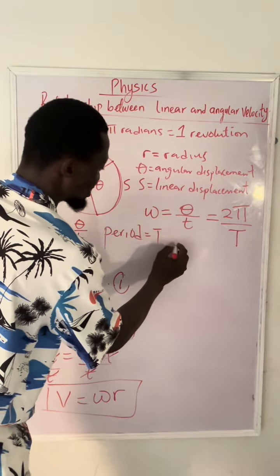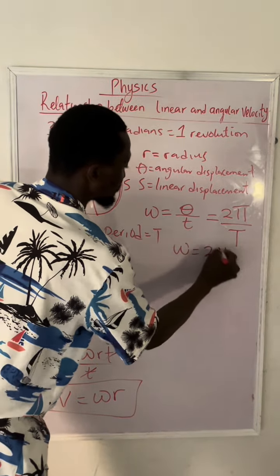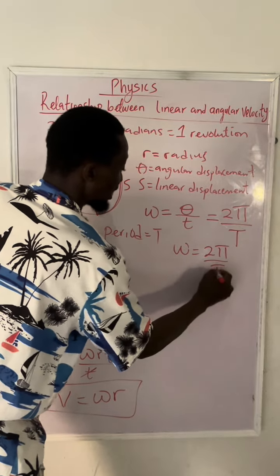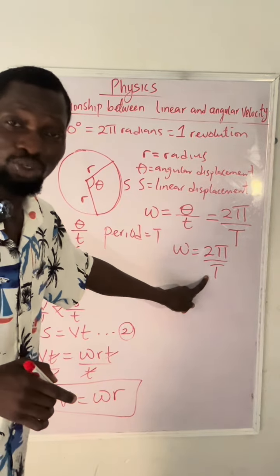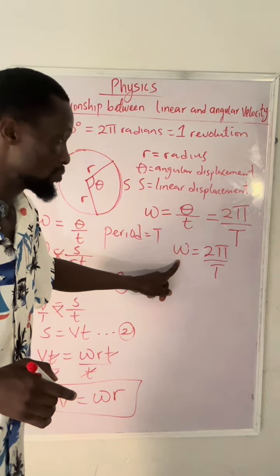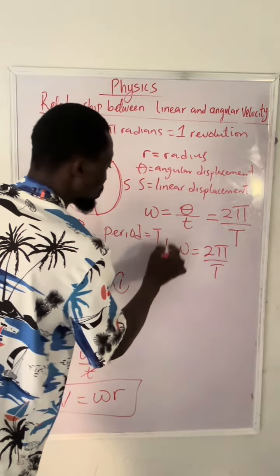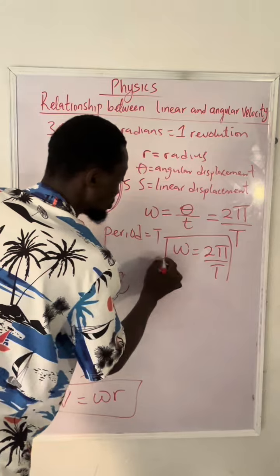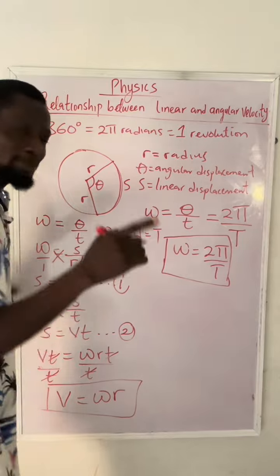So now we can say that omega here is equal to 2 pi over period, right? In this kind of question, you only need the question to give you the period to calculate your angular velocity, because you know pi is 22 over 7 or 3.14. Please try to always remember this. It is very important. But let me tell you something.